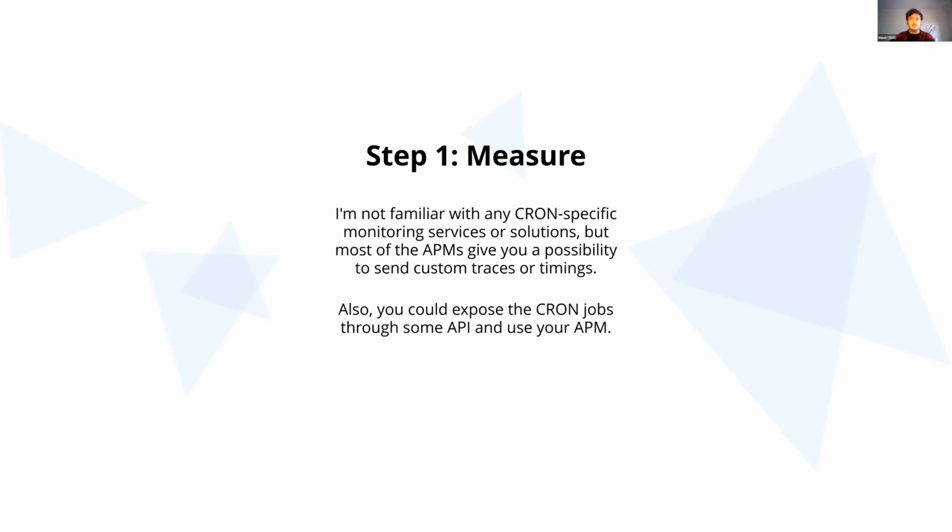So you can get this code, expose it via API, and make sure that nobody from the outside is able to execute it. Maybe you have some extremely complex authorization for it, maybe you have to be in an internal network to call them. It's up to you. And then you have your normal APM tooling to measure the cron job's performance.